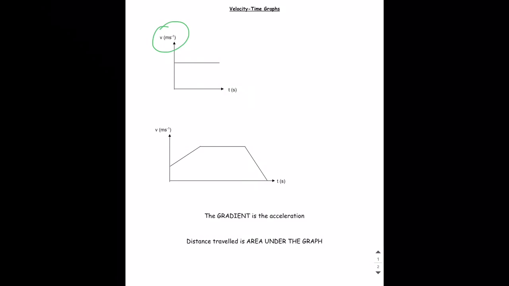So something like this top graph here, if you've got a flat line, then that tells you that you are still moving. Now with displacement, that means you're staying in the same place because you're not getting further away or closer to where you were originally. For velocity, it means you're still moving, but you have a constant velocity, so you're not speeding up or slowing down. You're just going at the same speed, same velocity, sorry.